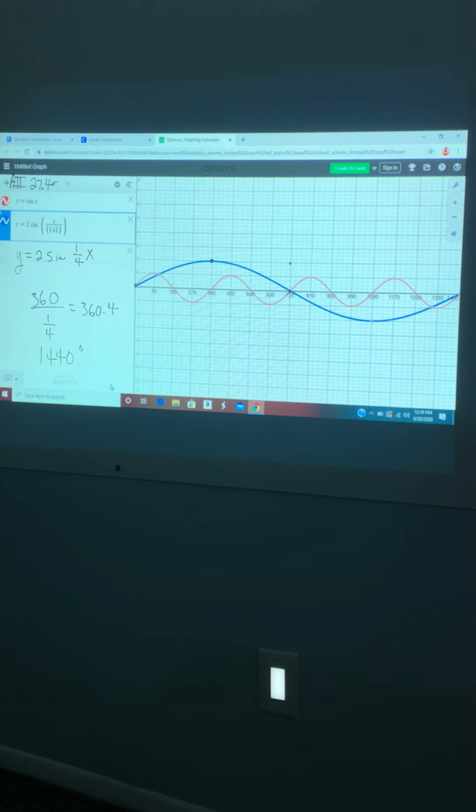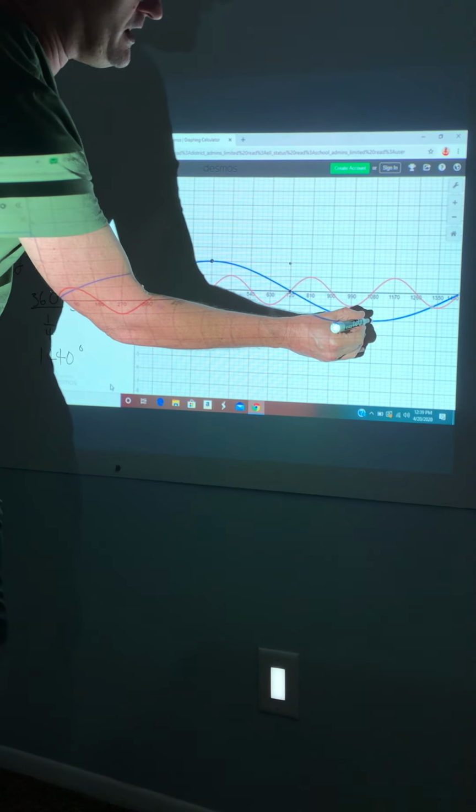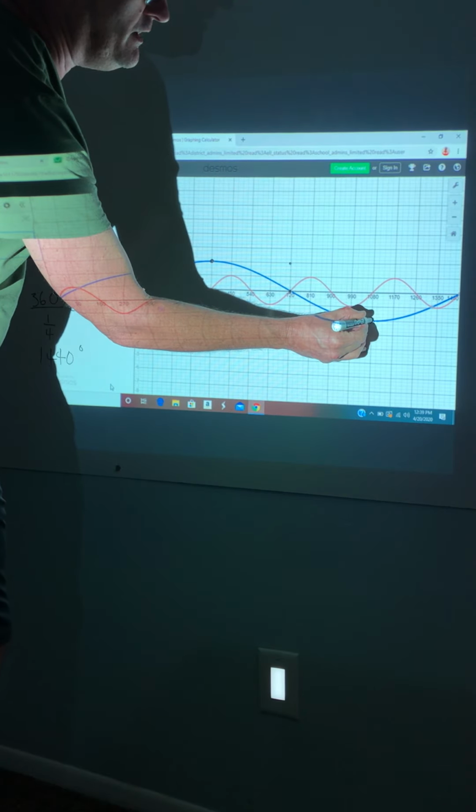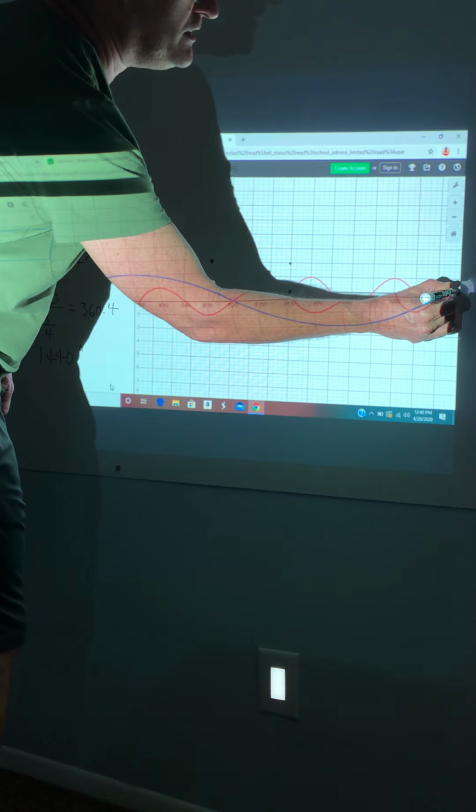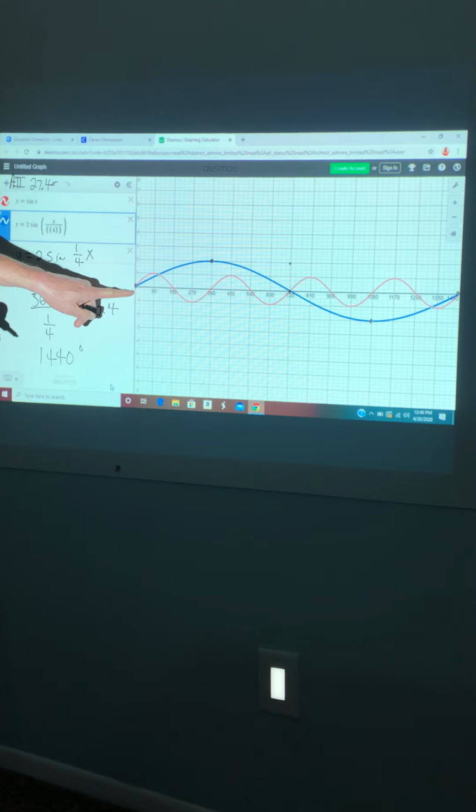All right, then when you're at 1080, you're at -2. And then finally, look, 1440, you return to your very first value, which is 0. So that spring, the blue spring, you have really stretched it out, all right? And that period doesn't repeat until 1440 degrees, every 1440 degrees.